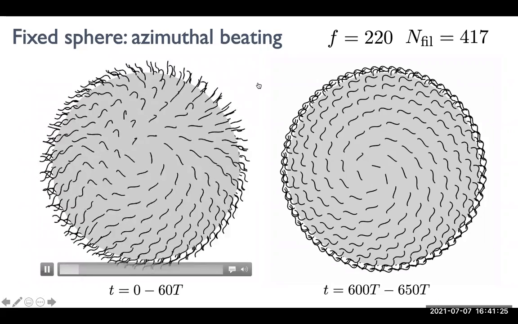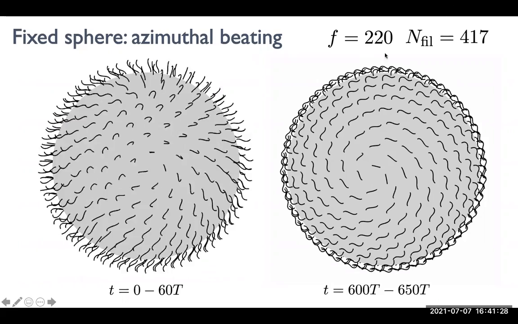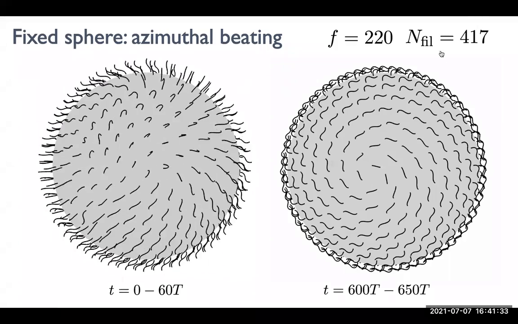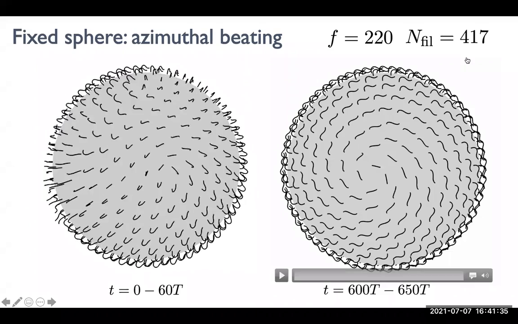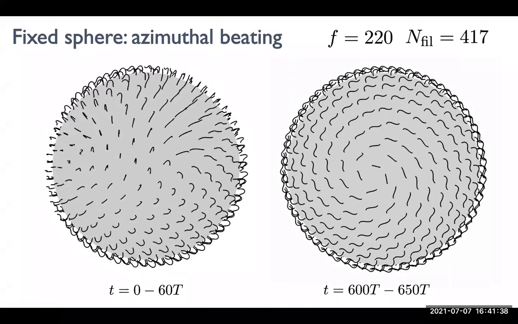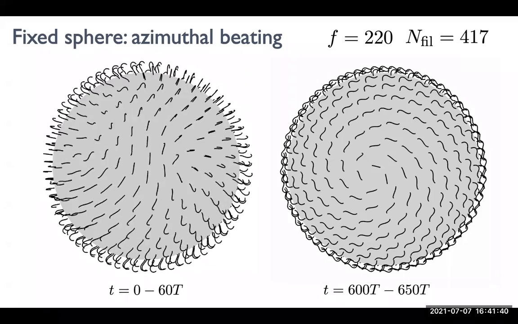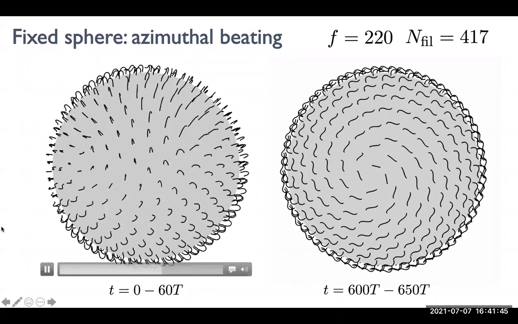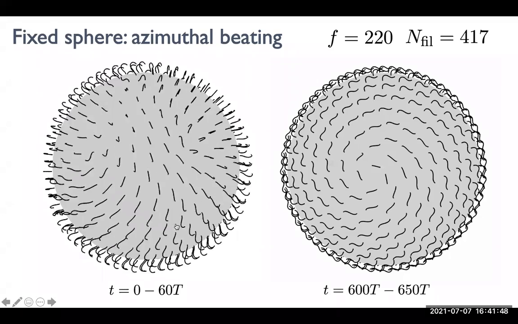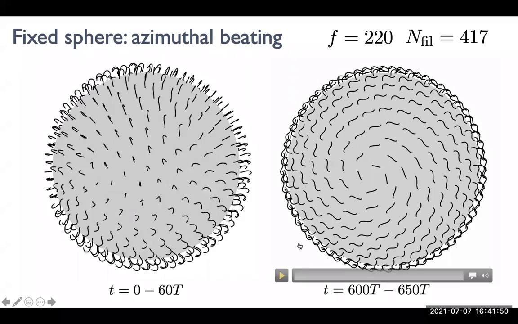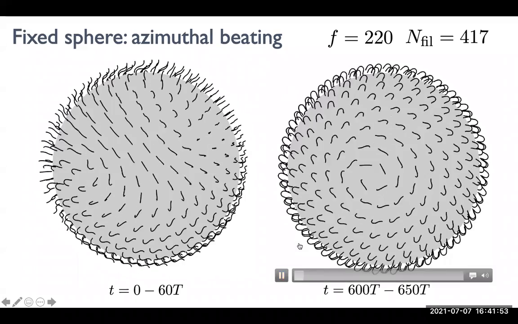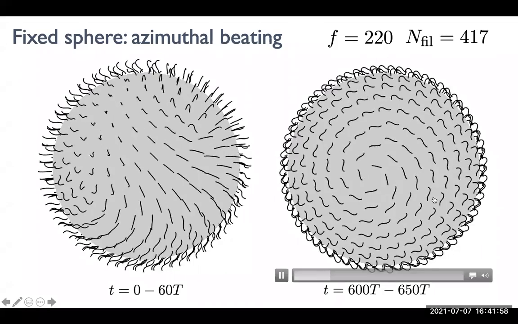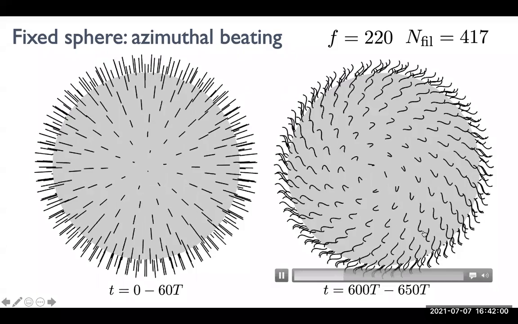So here's a case where we have a fixed sphere with what we would describe as a lower force value, and a lower density of filaments on the surface. So here's what happens initially. You can get this coordination, and if you wait long enough, and long enough being about 600 periods of undulation, you see that you get azimuthal beating about a fixed pole.